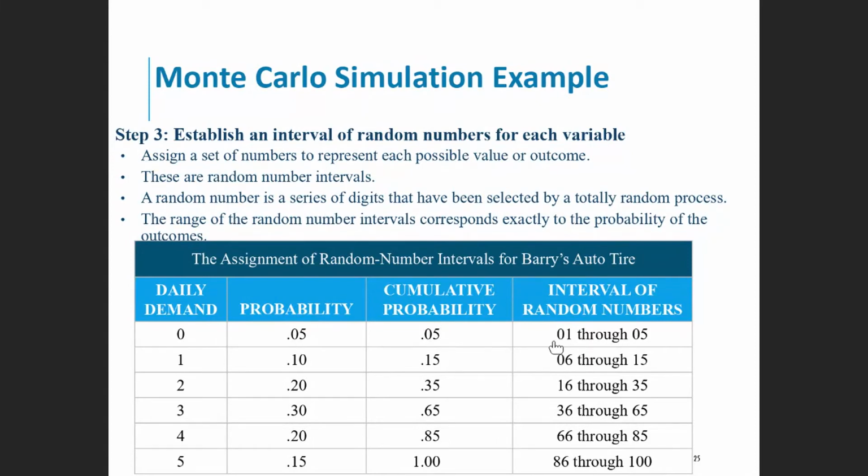So if you start from 00 and count 1, 2, 3 until 5, or you start from 00 and stop at 4. Whatever duration you start with, the common one is from 1 to 100, so you can always verify that your cumulative probability ends up with the interval random.